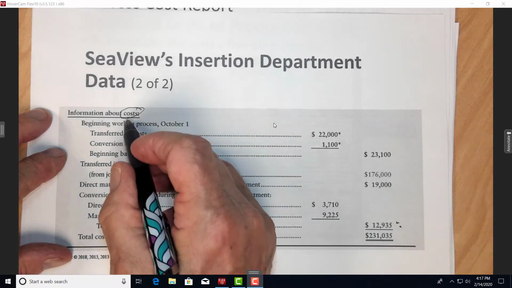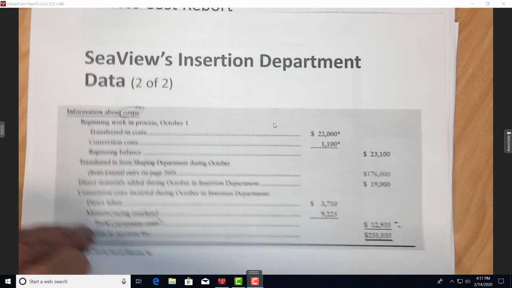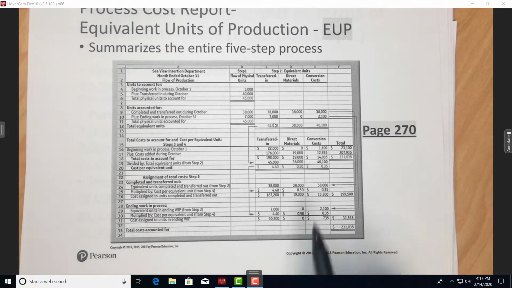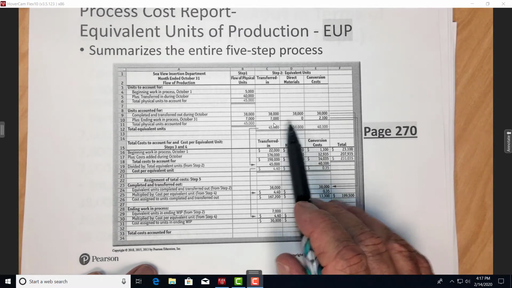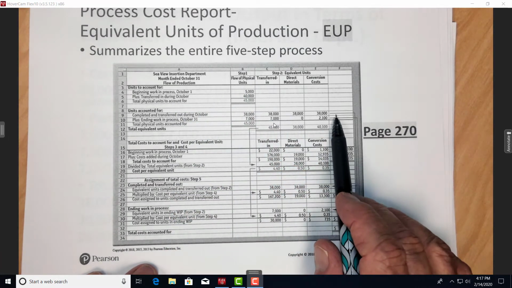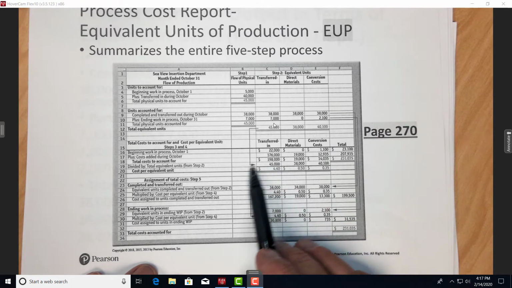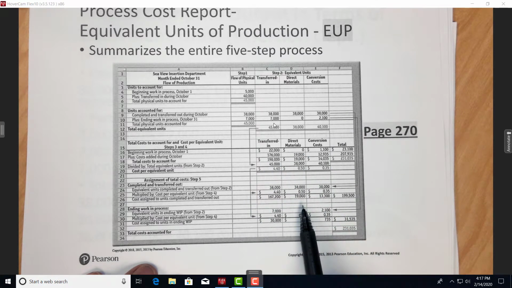And again, we're talking about the conversion cost. Once again, we have the physical units here, and now we're talking about the conversion cost.